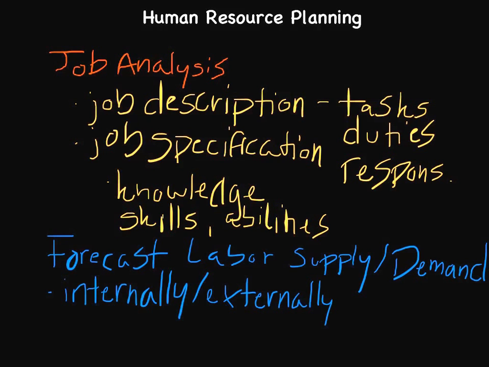Now, there are a couple of tools that you can use to try and forecast labor supply and demand, or at least try and anticipate what supply is going to be like. You can use what we call skill inventories, and I'll write this down over here. A skill inventory is essentially a profile for each of the employees within the organization.